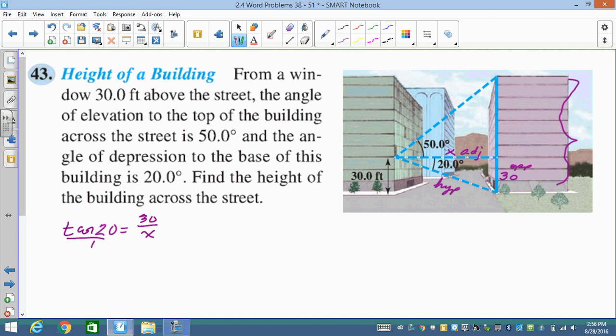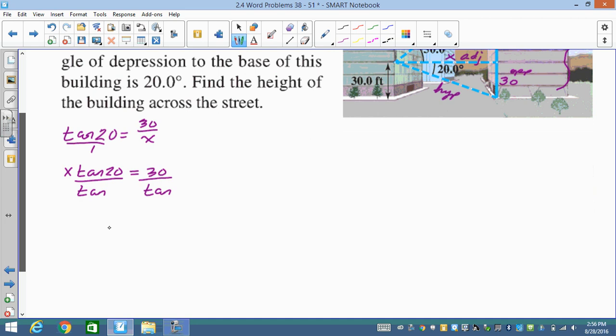Cross multiply, we get x tangent of 20 equals 30, divide by tangent, and x equals 30 over tangent of 20, which gives us a value of... I didn't write this down.